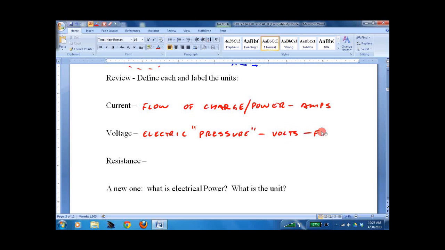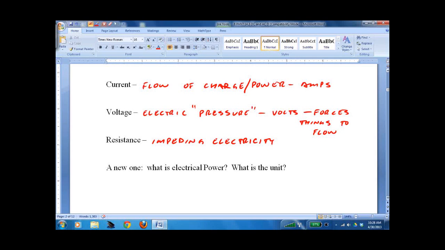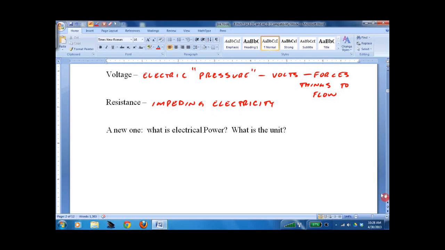It forces things to flow. And I didn't want to say charge because then it confuses with the previous one. Resistance is impeding electricity, and it's slowing electricity down either just because it's getting in the way or because it's using it to do something, like run a light bulb. It has resistance.